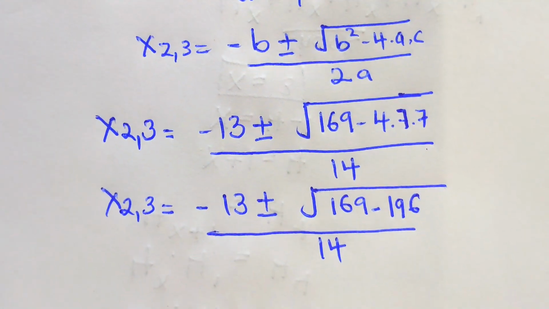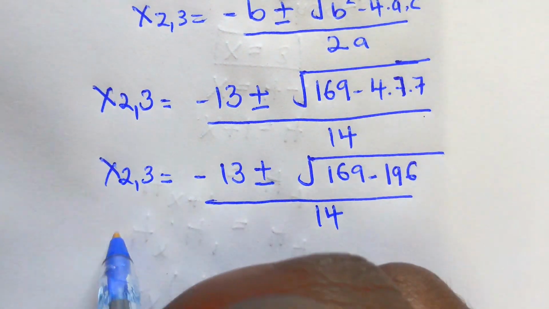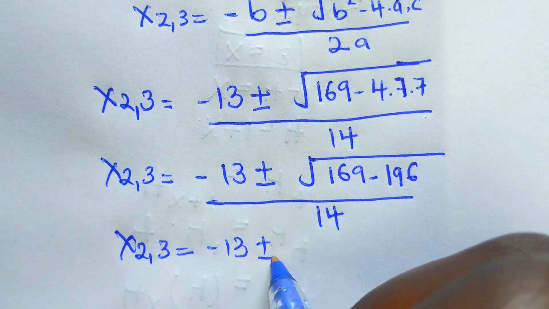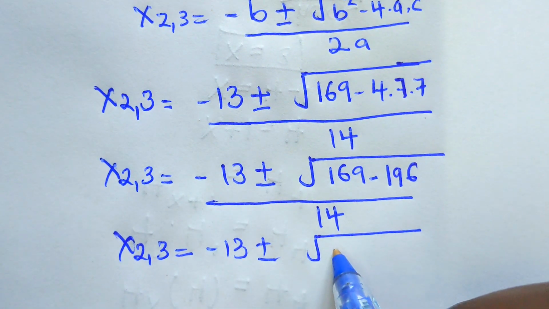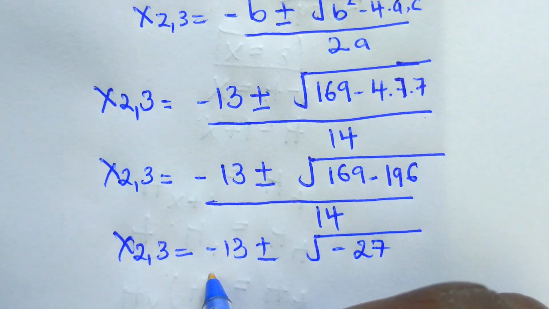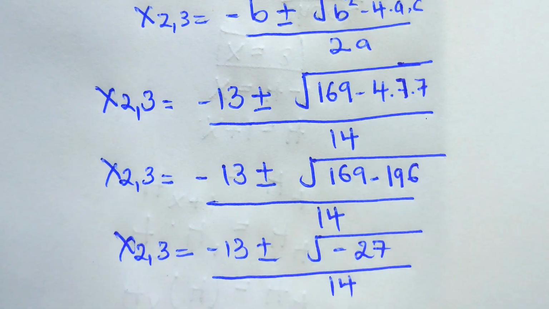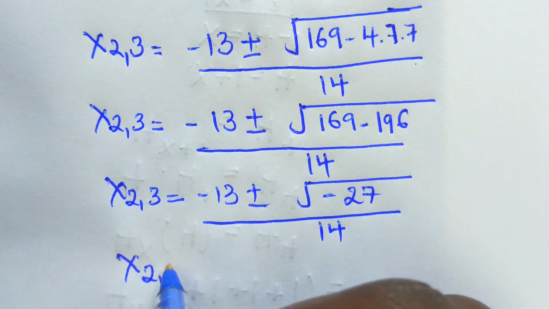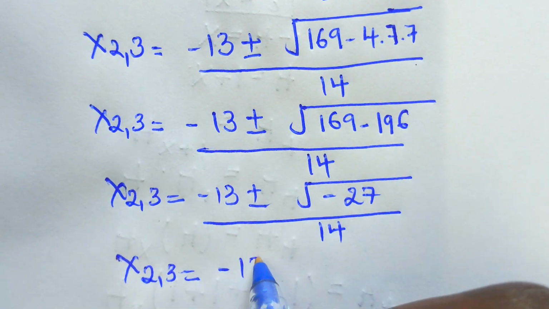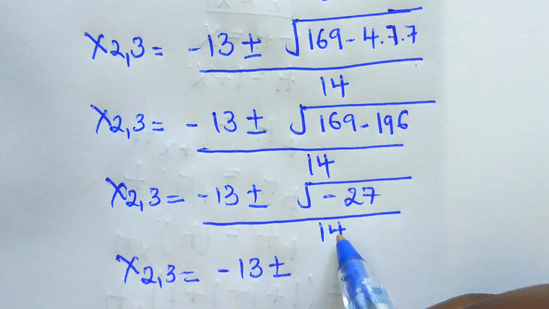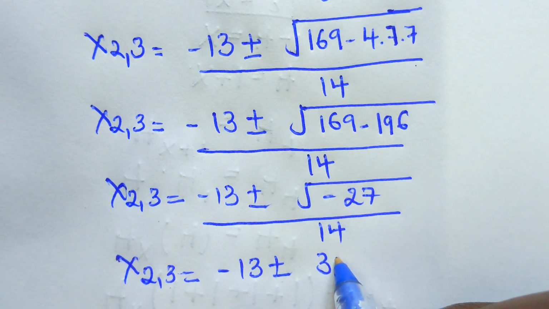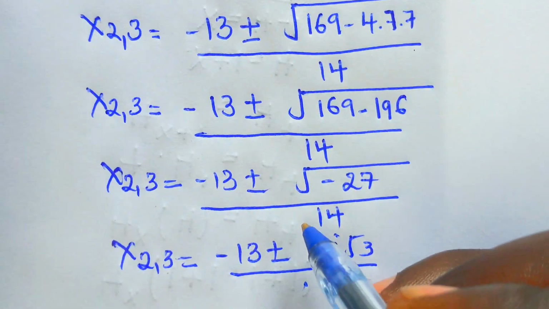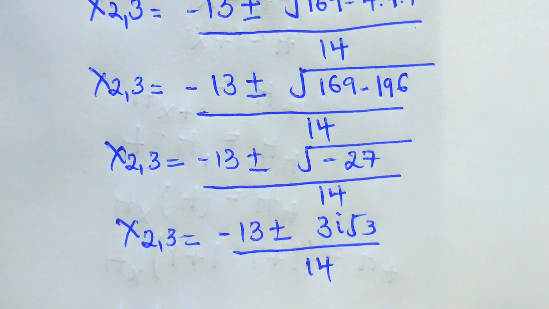So x2 and x3 will be negative 13 plus or minus the square root of negative 27, over 14. And of course here we shall get x2 and x3, which is negative 13 plus or minus 3i square root of 3, over 14.